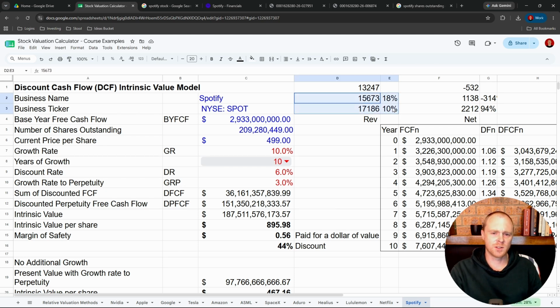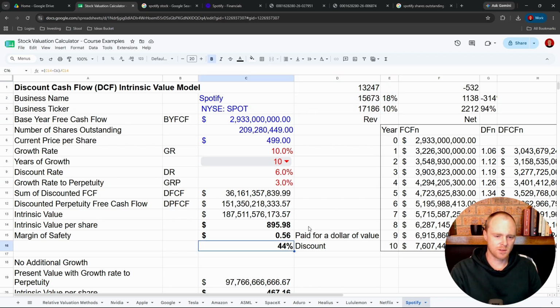We've still got revenues increasing. I still think a 5 to 10% increase in revenue is more than likely, and that we're going to see those margins of the business continue to hold, showing a very strong business with a strong moat around it. And with that 10%, that gives us a 44% discount to its current value.